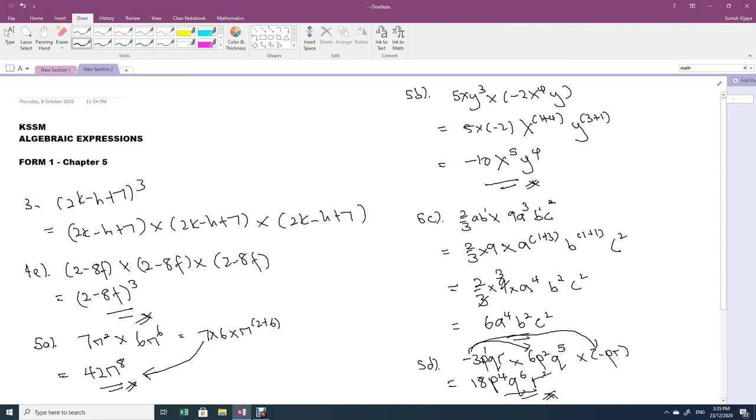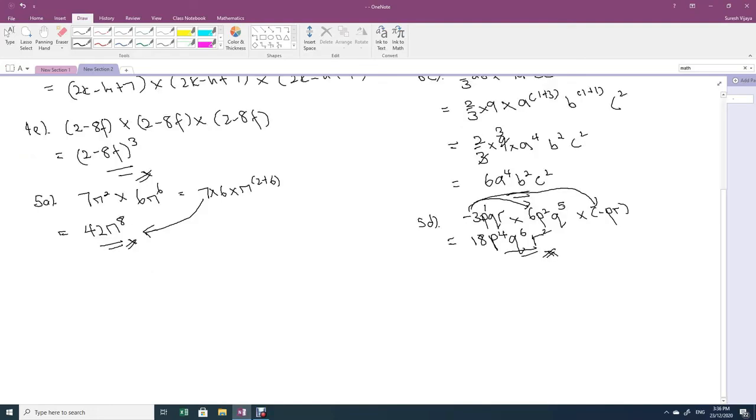Okay, let's move to question 5e. 5e will be 0.6ab squared times 5a to the power of 7 b to the power of 4 times negative 1 over 2 ab. So multiply the numbers first: 0.6 times 5 times negative 1 over 2.